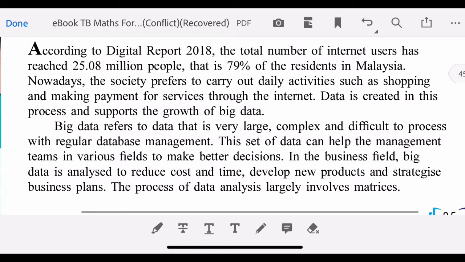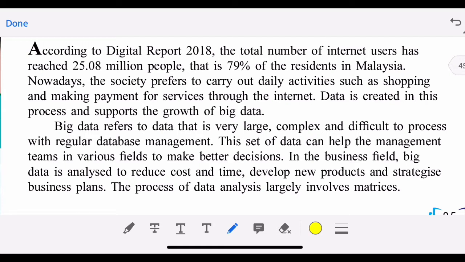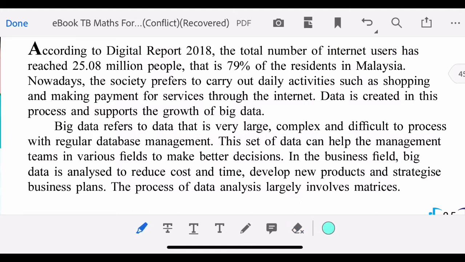Why is matrix so important? Let's go through together. Alright, so according to Digital Report 2018, the total number of internet users has reached 25.08 million people.